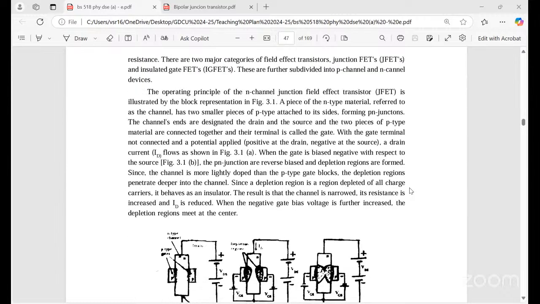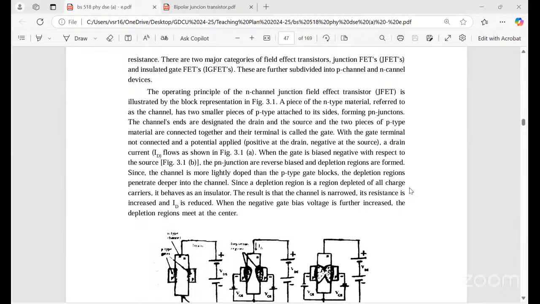There are two major categories of FETs: junction FETs, JFETs, and IGFETs, that is insulated gate FETs. These are further subdivided into P channel and N channel. What is the operating principle of the N channel FET, which is illustrated by the figure given below?